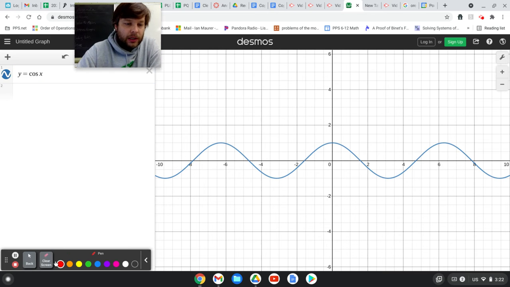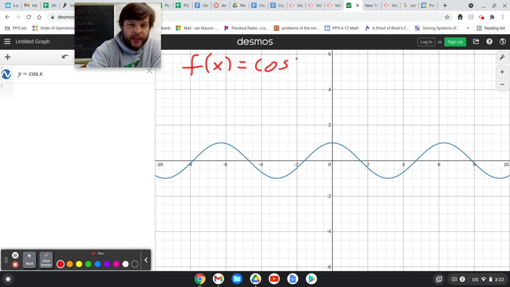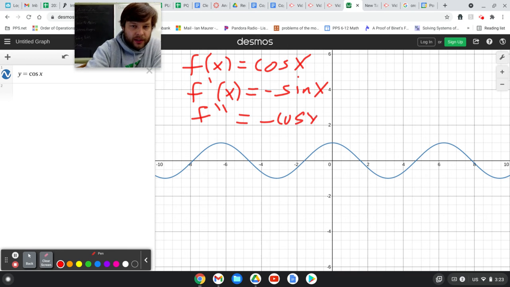And so what we start with when you start by making a Maclaurin series is you just start by taking derivatives of the function. So if f of x is cosine of x, then f prime would be negative sine of x, f double prime negative cosine of x, f triple prime would then be positive sine of x.